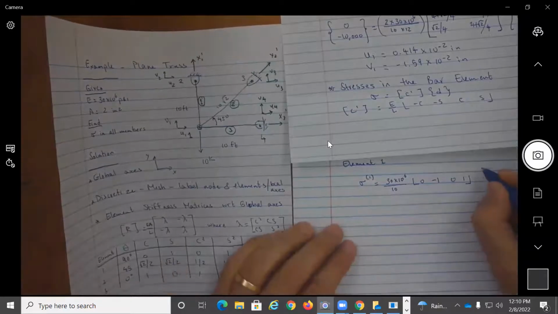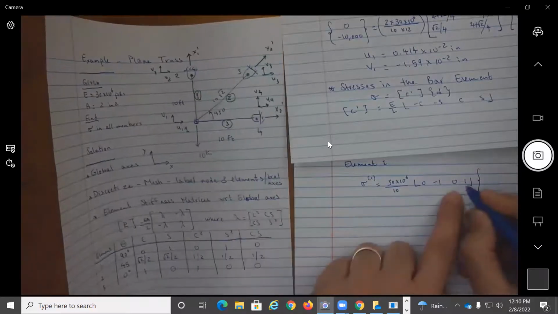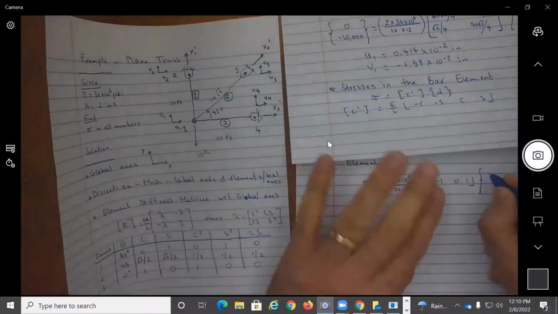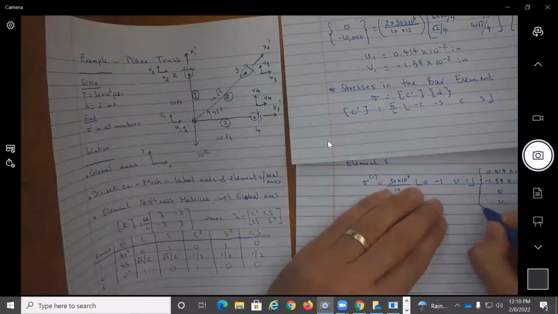And I'm going to multiply this by how many displacements? Remember, this is a 1 by 4. We're going to multiply it by the 4 displacements expressed with respect to the global system. So I'm going to get here the 0.414 times 10 to the minus 2, the minus 1.59 times 10 to the minus 2, and I have a 0 and a 0.